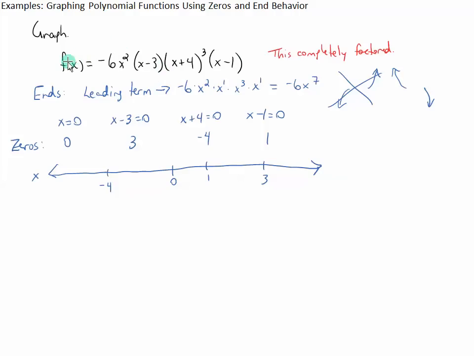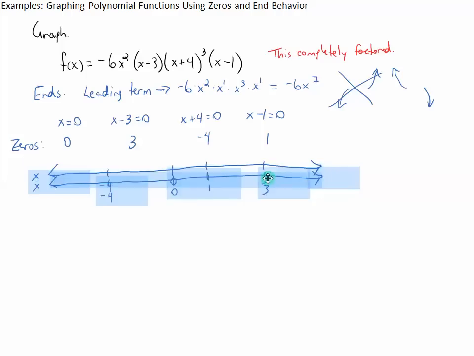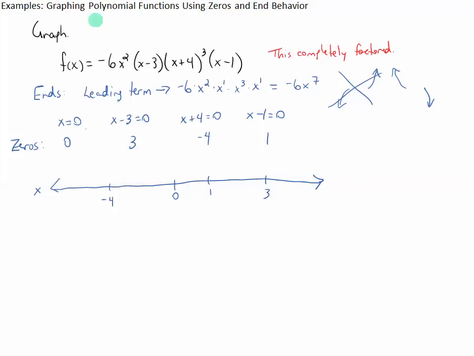And since this is a function, y equals 0. So I've got my x values listed. I need to list my y values because I'm trying to graph this in the xy plane. So I'll put y up here. So if x is -4, y is 0. I'm going to list all my y values up here above. And similarly, y is 0 at 0, 1, and 3.